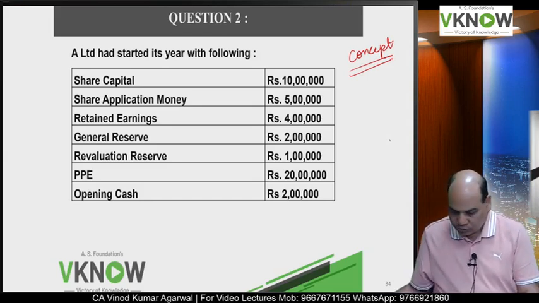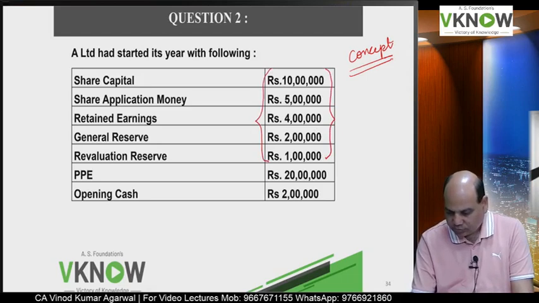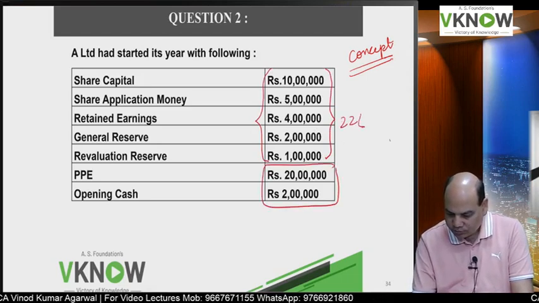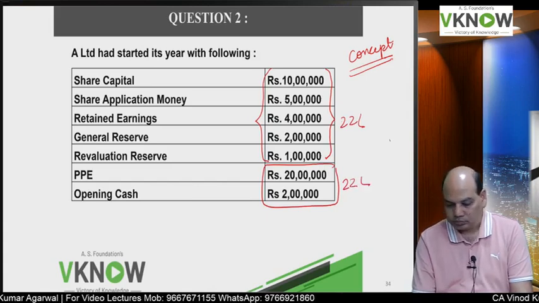Understood? Just check whether the balance sheet is tallying. These are the equity and liabilities item, 22 lakhs, and these two are your asset side item, 22 lakh. Okay.